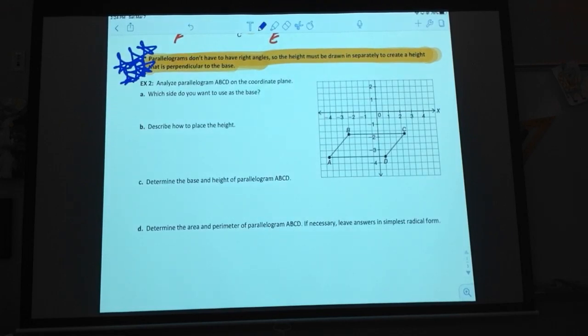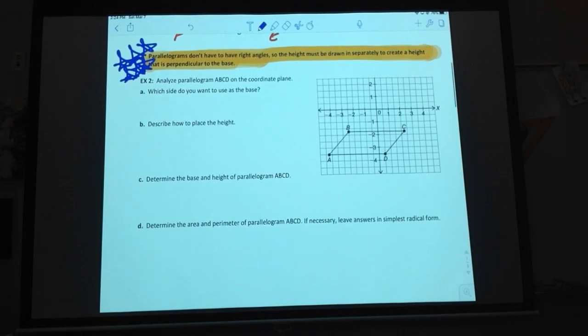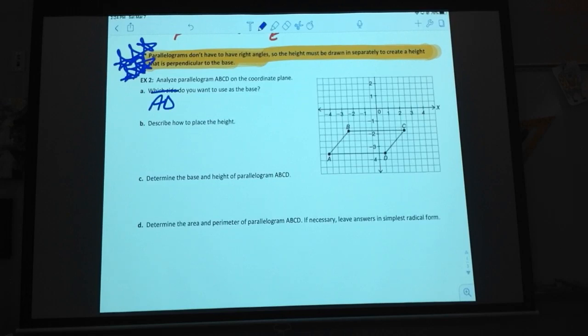And AD is a horizontal line on an even number. It looks like 3.5, right? So I want to use AD as my base. So I'm going to say AD, that's line segment AD, is the base.